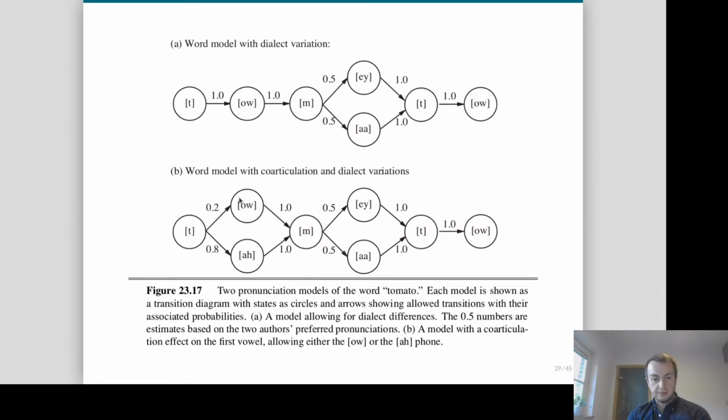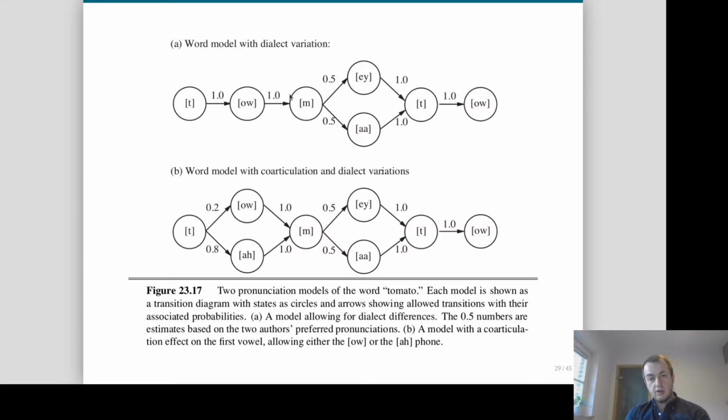Also, you could include more variations in the language. One of them is called co-articulation, which would extend the different pronunciations of the word tomato from 2 to 4. You see that you could obtain each one of these 4 pronunciations by just following the arrows from the start to the end.